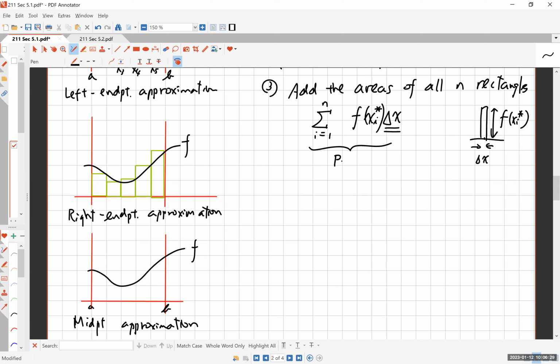By the way, it's Riemann, a German name. The Riemann sum is what this is called.